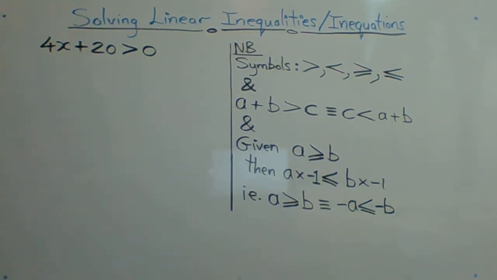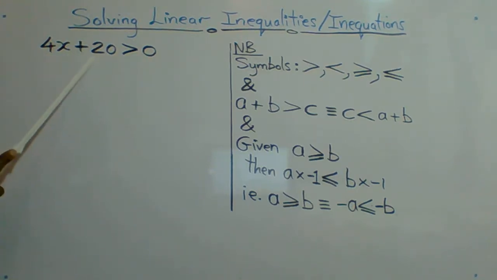Now this next statement says 4x plus 20 is greater than 0. And this statement, of course, appears a bit more complex than in our previous example. So we have the term containing the unknown x, which is 4x.